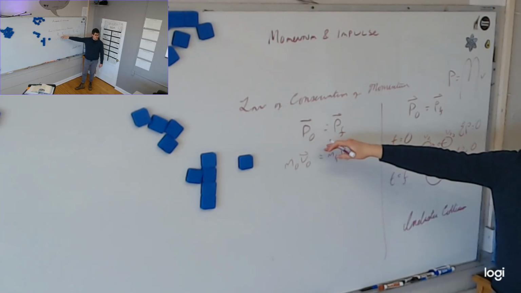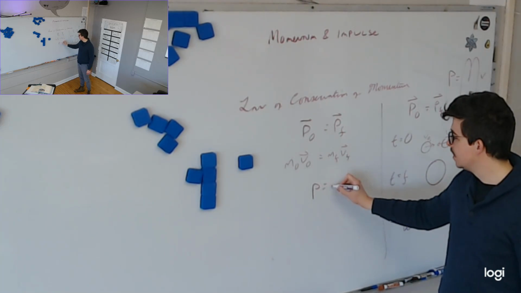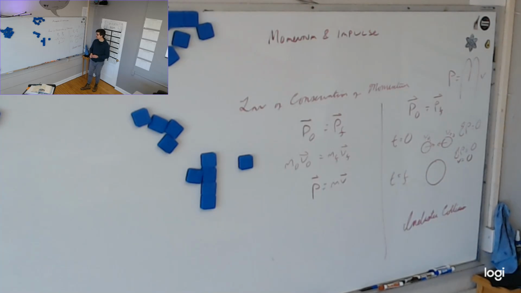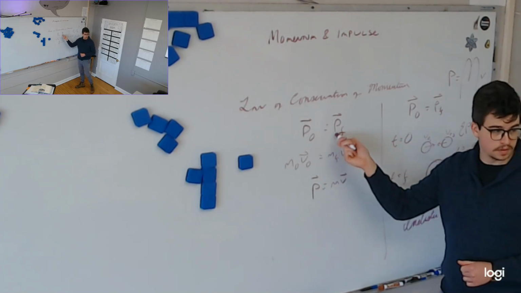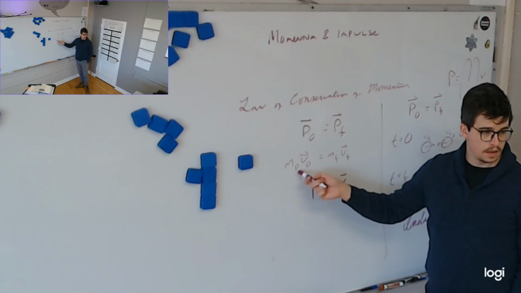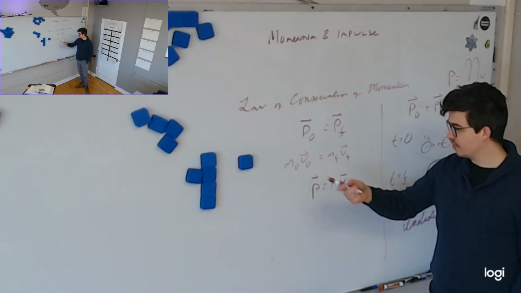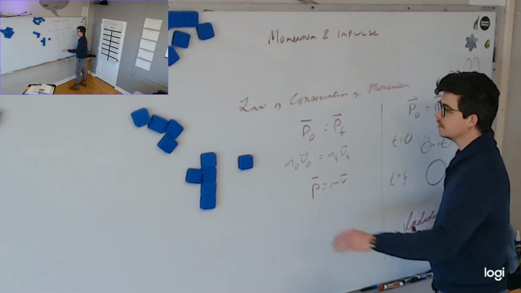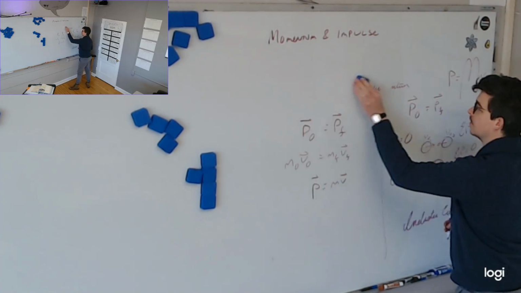Why is this the same as that? Because p equals mv. Transitive property. That makes sense, right? If p sub naught is equal to p sub f, then we just substitute p with mv. So m sub naught v sub naught equals m sub f v sub f. That's the law of conservation of momentum.